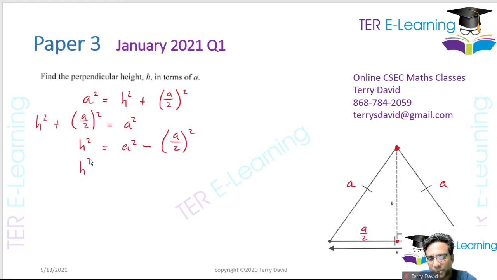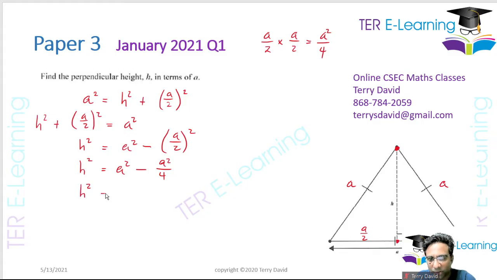So H squared is equal to A squared minus, when you square A over 2, that's the same as saying A over 2 multiplied by A over 2. And that's going to give me A multiplied by A is going to be A squared, and 2 by 2, that's going to give me 4. So this here is going to be A squared over 4, right?